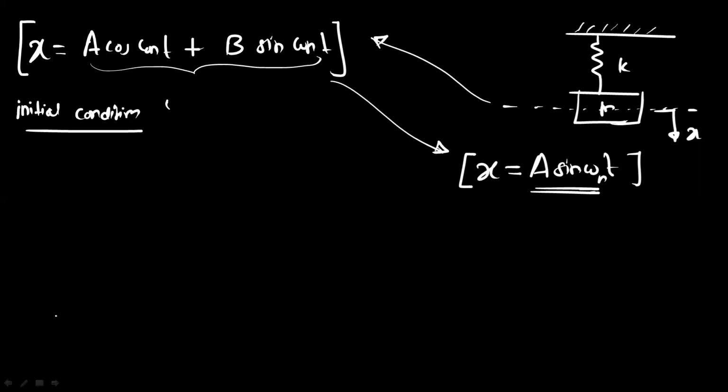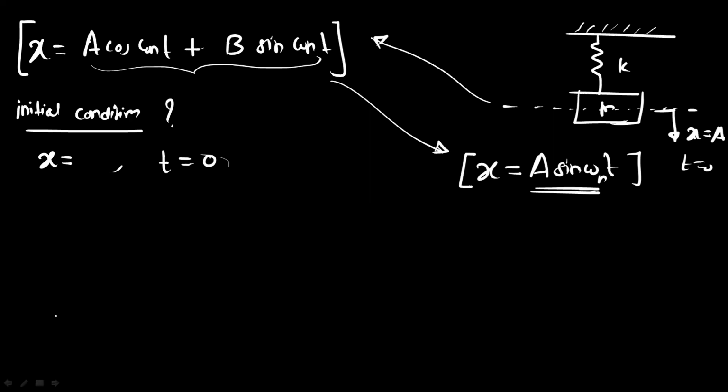So what are the initial conditions? The initial conditions are for the displacement x when time t is 0. Just imagine initially we press the mass by some displacement x, which is equal to the amplitude A when time t is equal to 0.